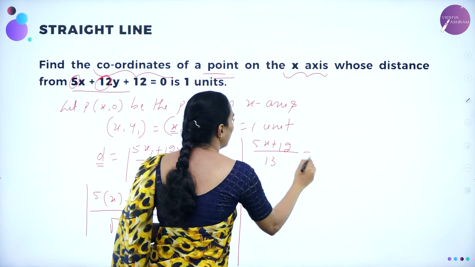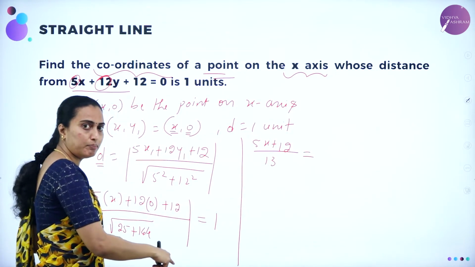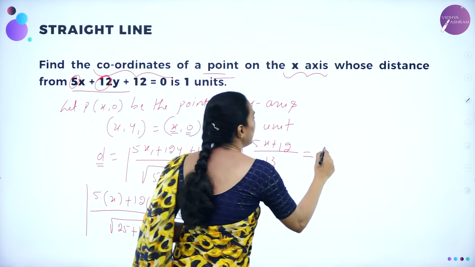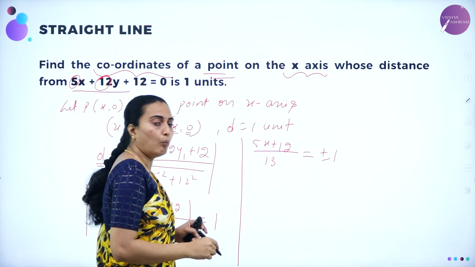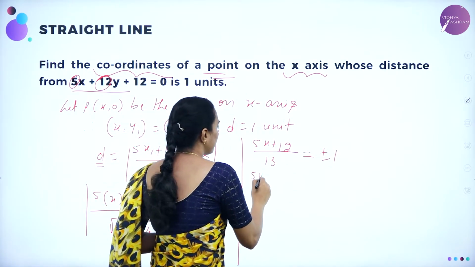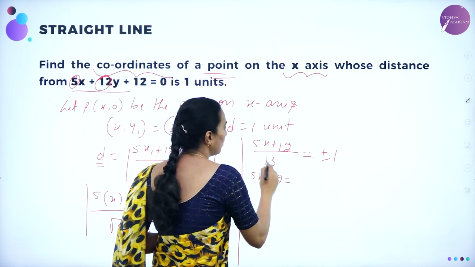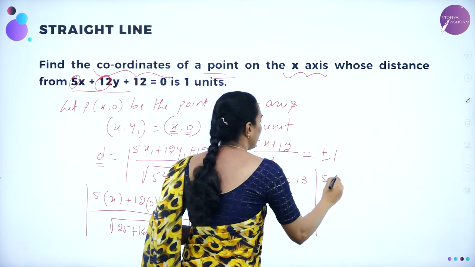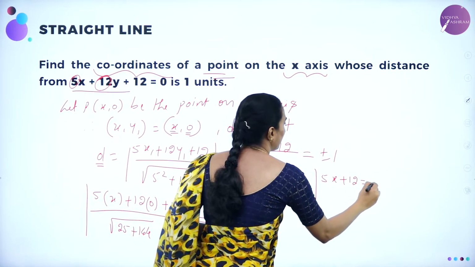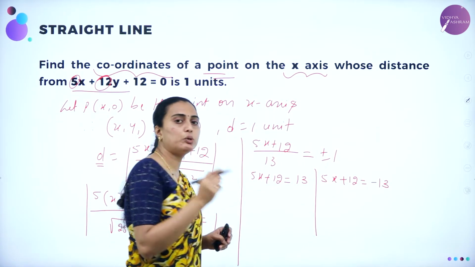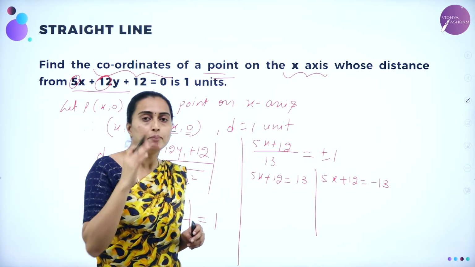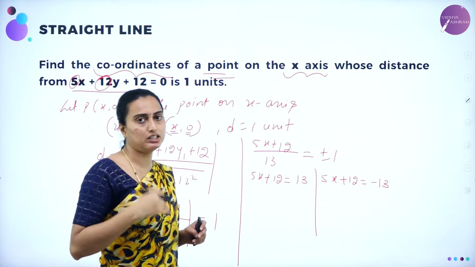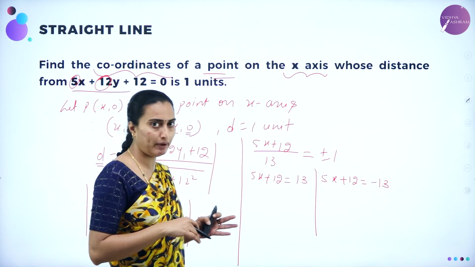By removing the modulus symbol, the right hand side will get a plus or minus sign: 5x plus 12 will be equal to 13 into 1, which is plus 13, and then equating 5x plus 12 is equal to minus 13. Equating to minus 1, equating to plus 1. Plus 1 into 13 is plus 13, minus 1 into 13 is minus 13. Directly I have cross multiplied d.